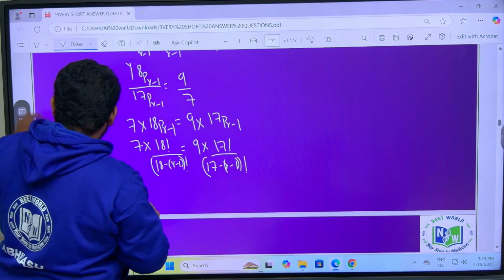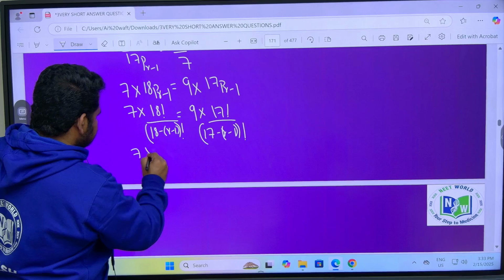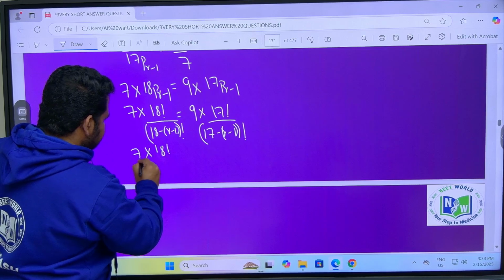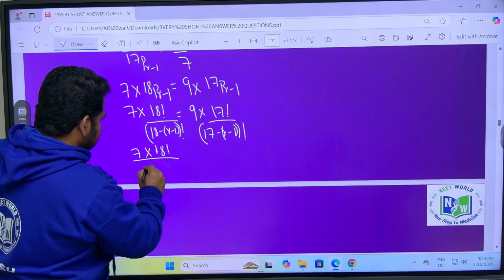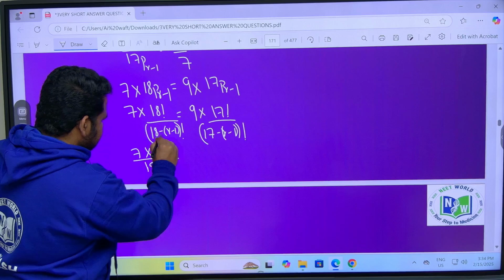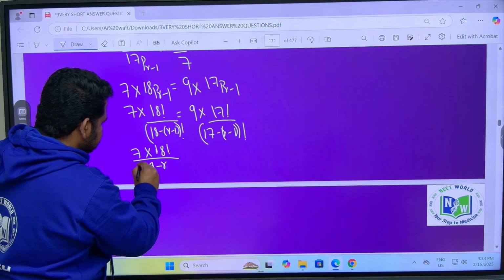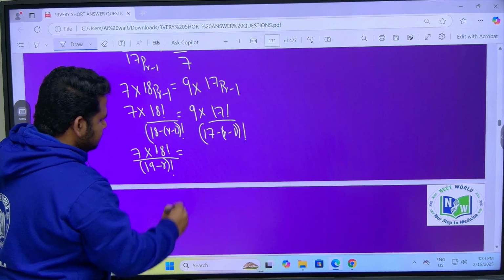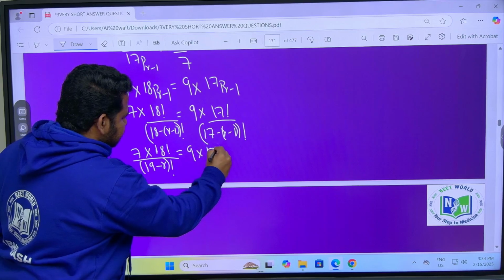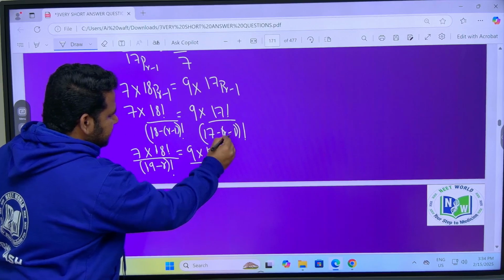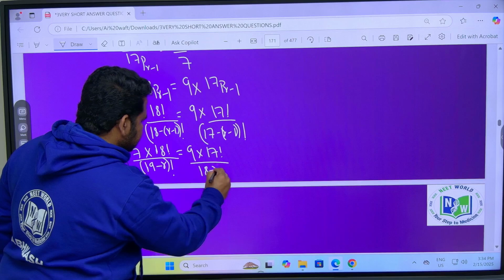So this will become 7 into 18 factorial by 18 minus of minus 1, which is plus 1, so 18 plus 1 is 19 minus r factorial. Similarly this will become 9 into 17 factorial divided by 17 minus of minus 1 is plus 1, so 18 minus r factorial.